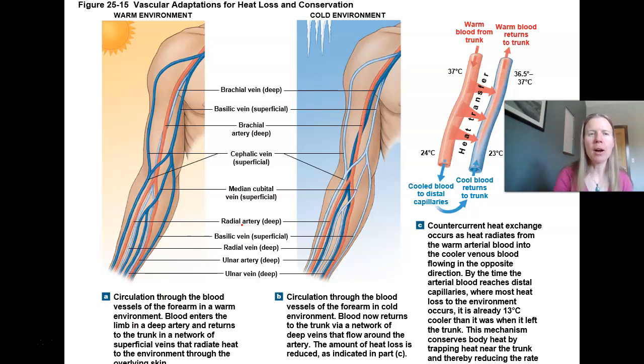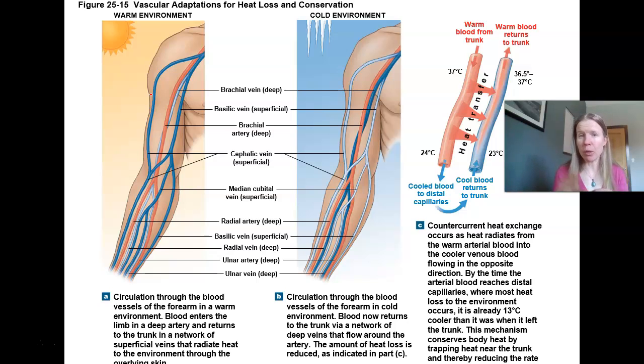They're showing you, remember we just learned the cephalic vein, that one that was out kind of on the deltoid. Very superficial blood vessels. These are going to be dilated. We're allowing more blood flow in that warm environment. We want that blood flow to go to the surface of the skin and be able to be dissipated.